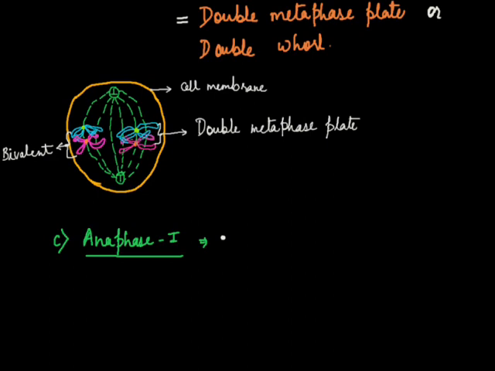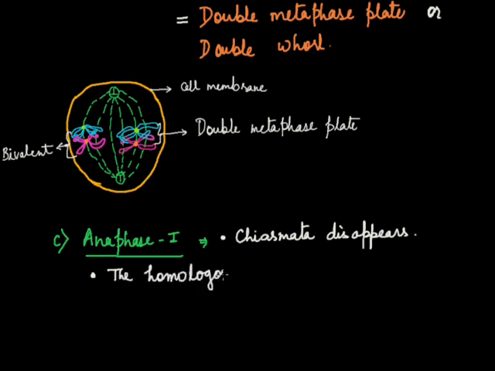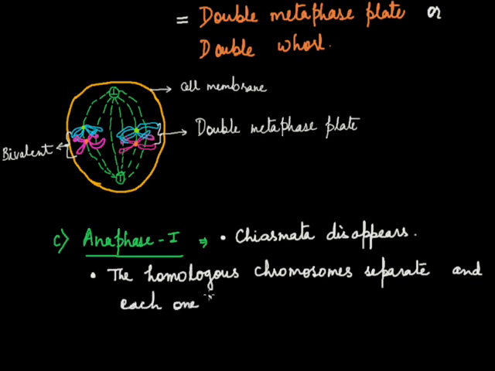They move toward their respective opposite poles and form two groups of haploid chromosomes. Each chromosome is now called a dyad.